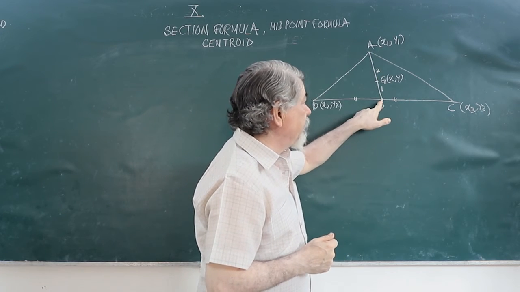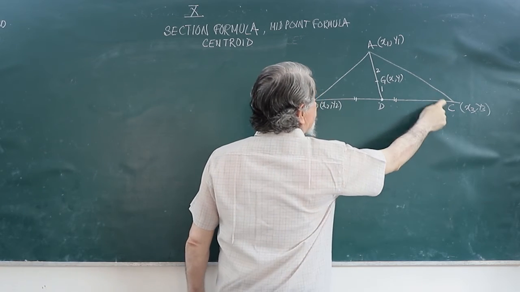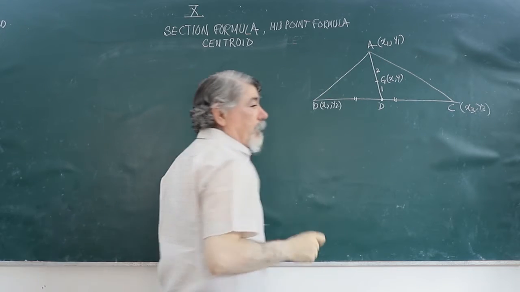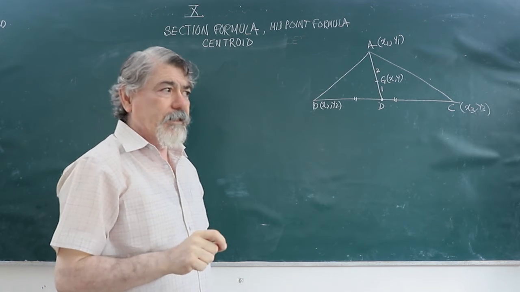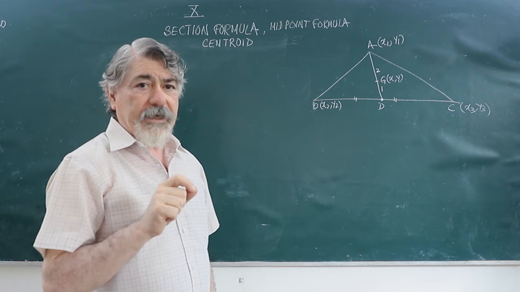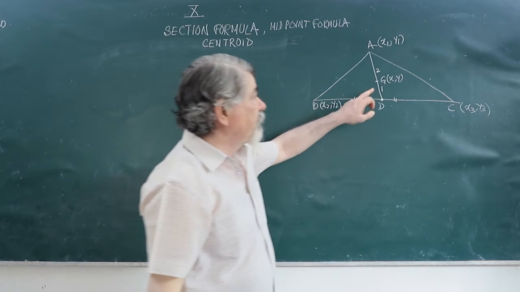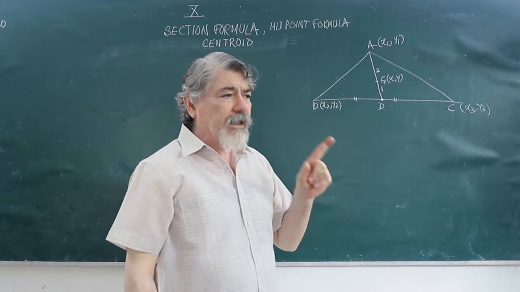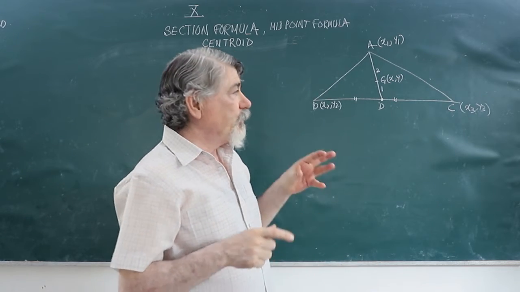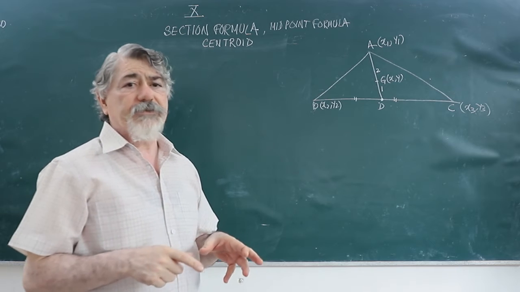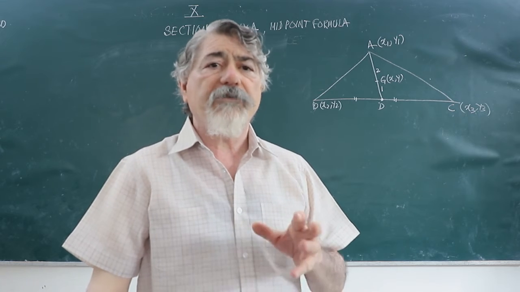If I join A to D, similarly I join B to the midpoint of AC and C to the midpoint of AB, then all these three line segments will pass through one point, which is called the centroid, G. I am taking up one median only, not to complicate the figure, because I understand that you understand medians very well. Centroid is the point of concurrence of medians.